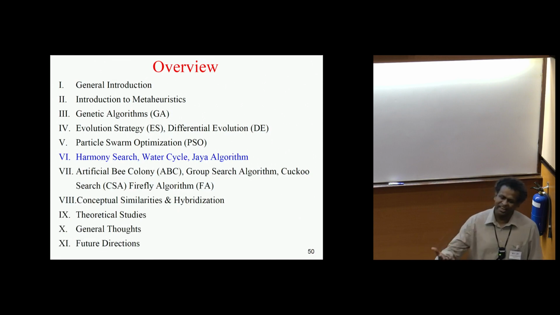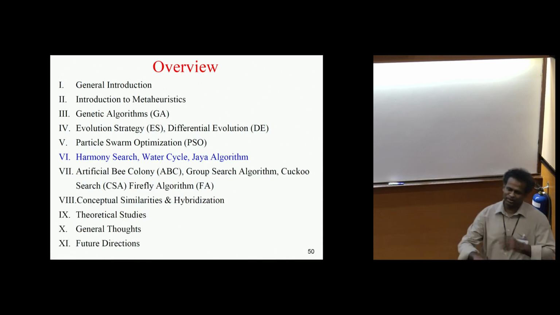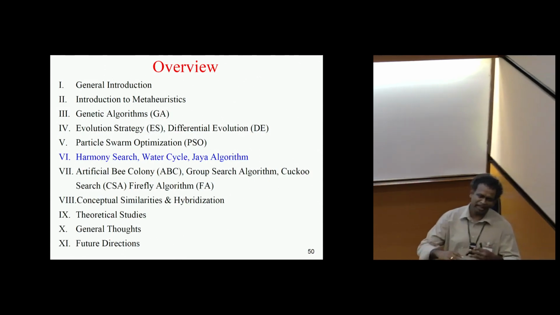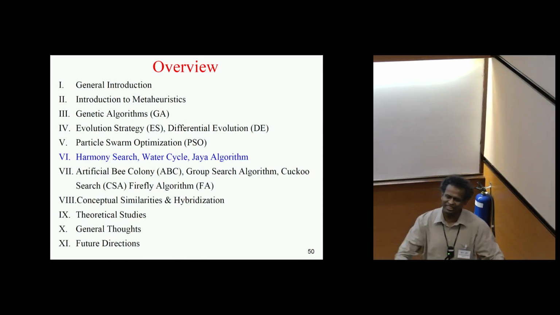No one has applied harmony search to solve this problem, or no one has applied water cycle algorithm. No one has applied Jaya algorithm to solve this problem. So for a particular problem, you keep on applying, you come up with a new name, and keep on applying different algorithms.